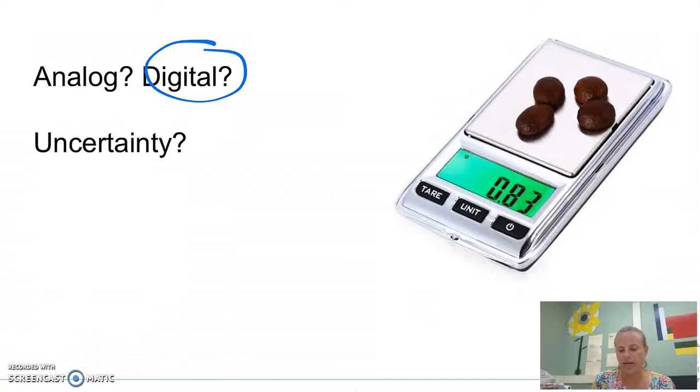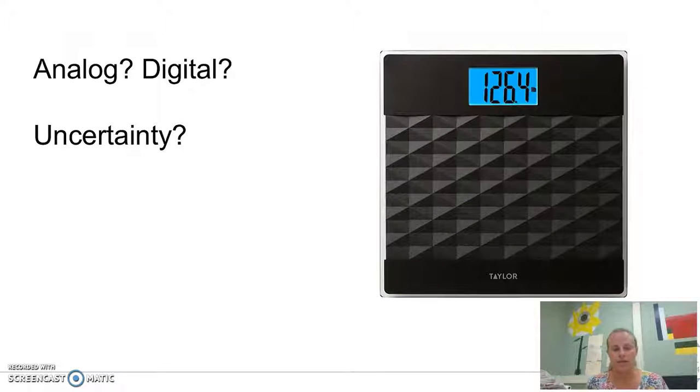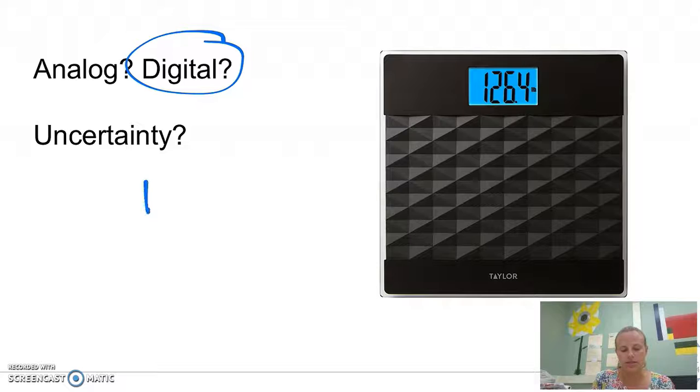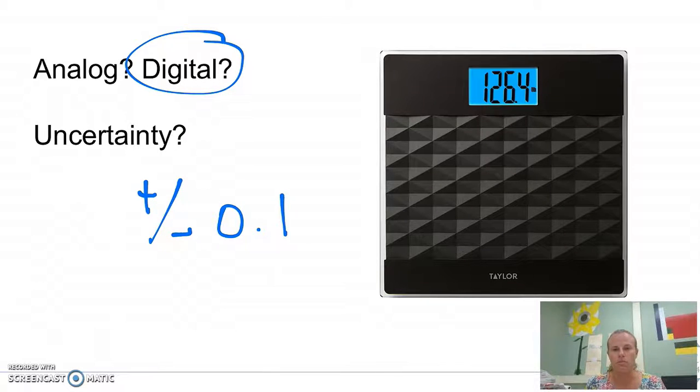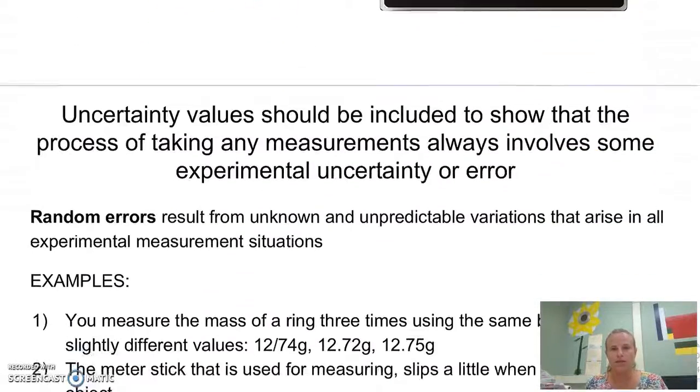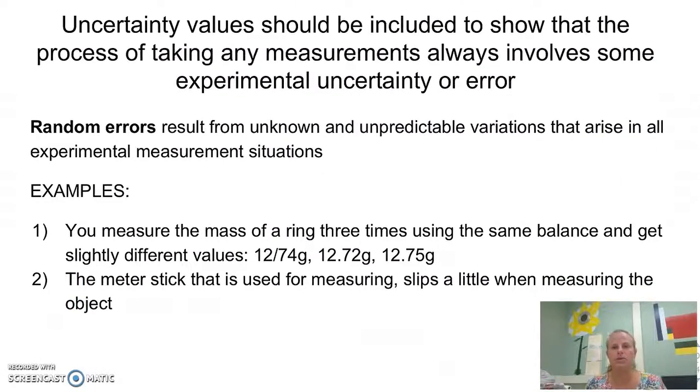It measures 0.83. So our uncertainty would be 0.01. Same thing here. It's a digital scale, but notice it only goes to the 10th place, so our uncertainty would be 0.1. These uncertainty values are going to be included to show that taking measurements isn't always perfect.